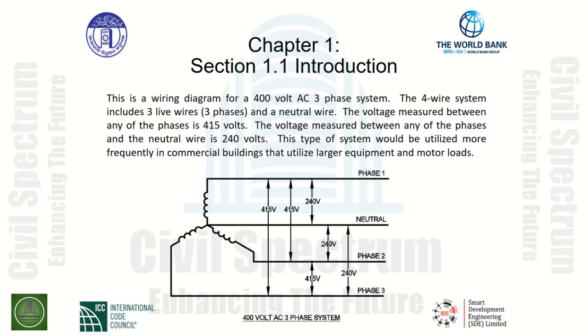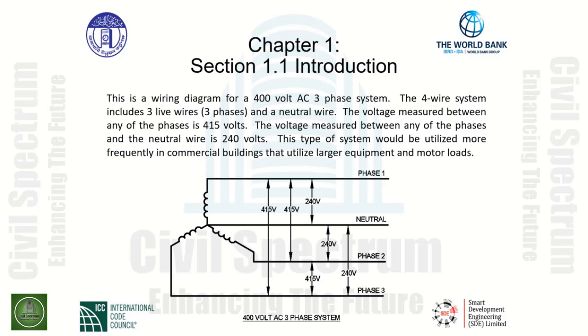As we can see in the diagram below, if we take a voltage measurement between phase 1 and phase 3, the resulting difference in potential is 415 volts. From phase 1 to phase 2, 415 volts. From phase 2 to phase 3, the resulting voltage again is 415 volts.